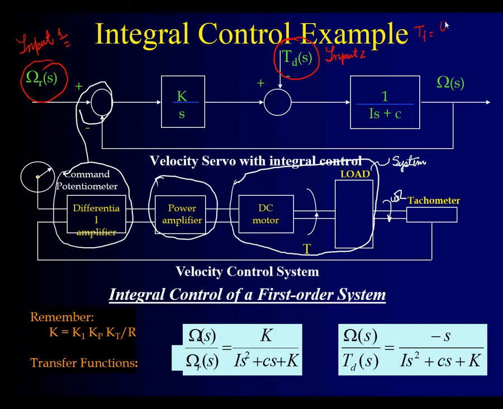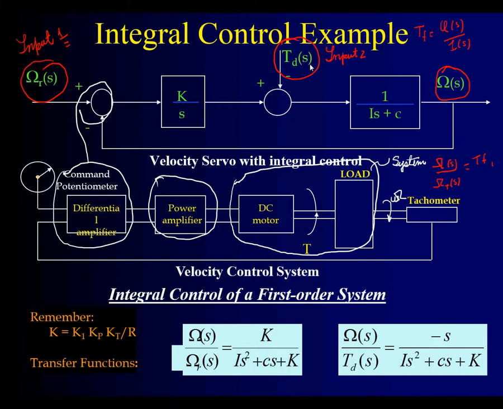It is always some output of S in relation to some input of S. So if the output is omega, we have a transfer function of omega with respect to the input omega_r of S. This is transfer function 1.